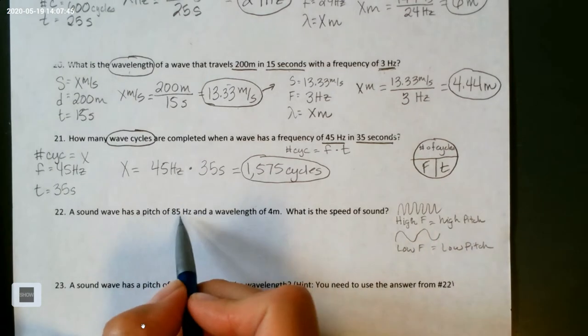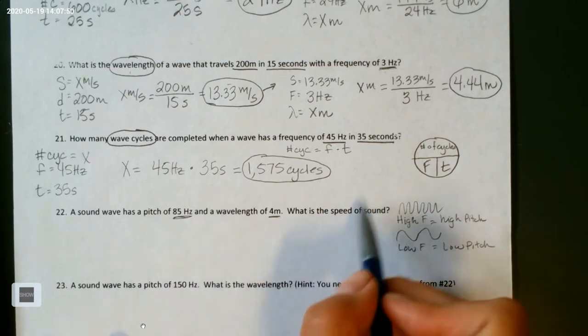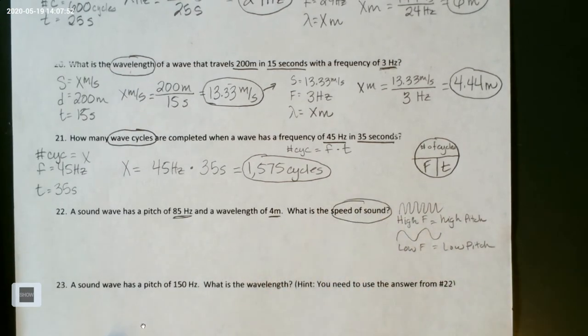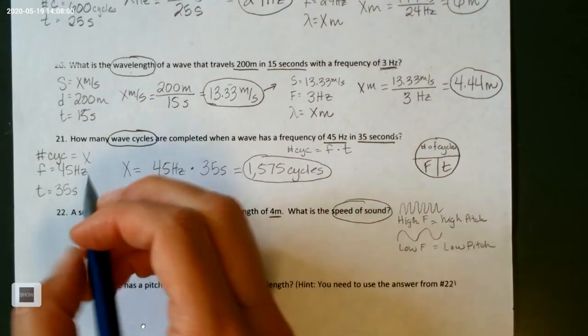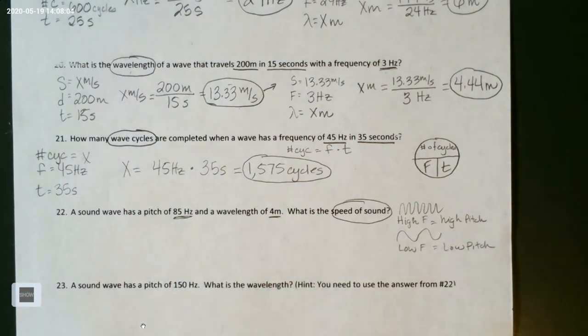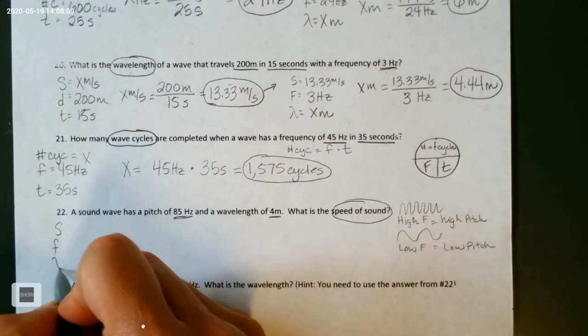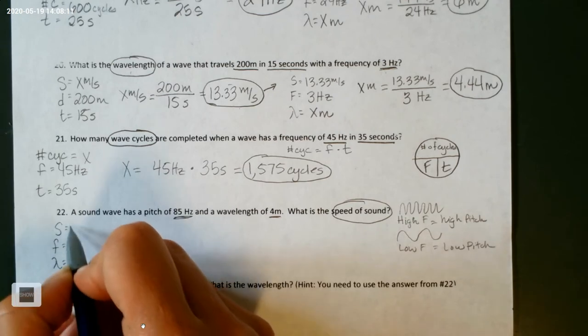So we have this frequency of 85 hertz and a wavelength of 4 meters. We're looking for the speed of sound. We're looking for speed essentially, but because we're talking pitch and the frequency of sound waves, now we're going to talk about the speed of sound. So we are going to need the speed equation, which is speed equals frequency times wavelength. So we're going to need a speed, a frequency, and a wavelength.